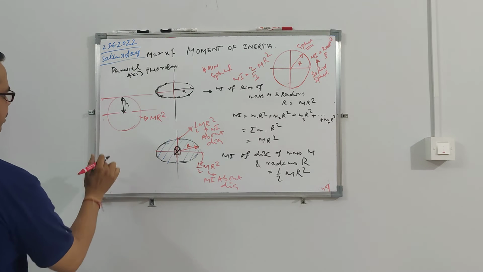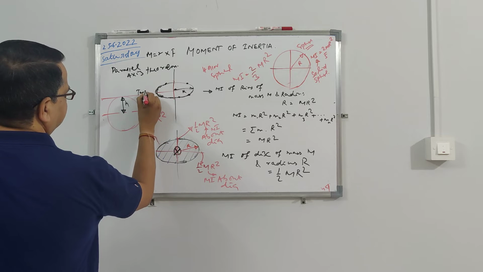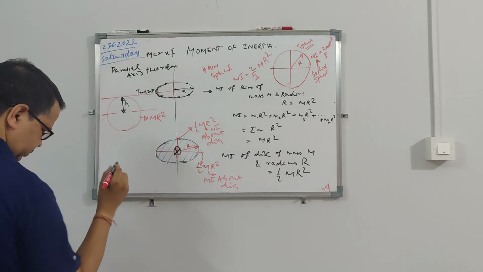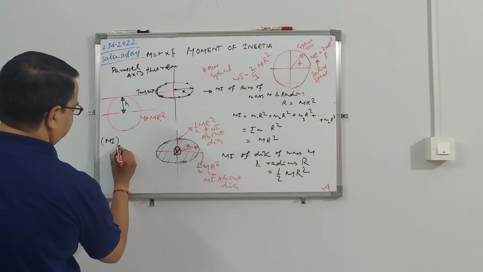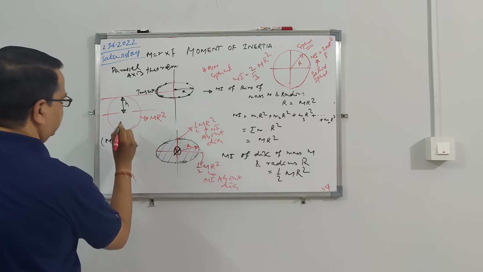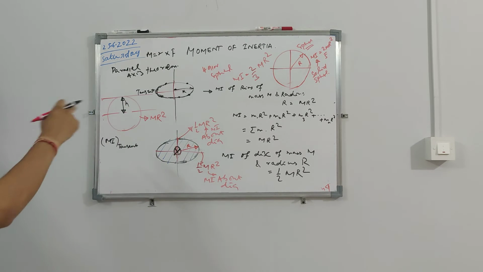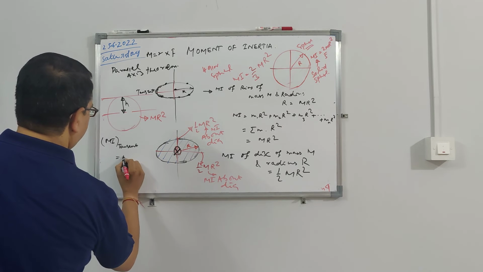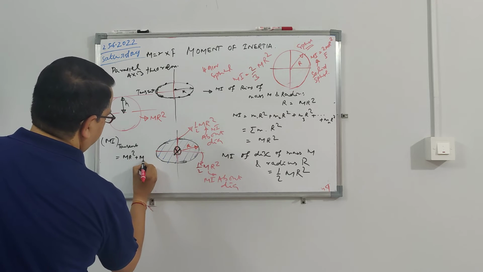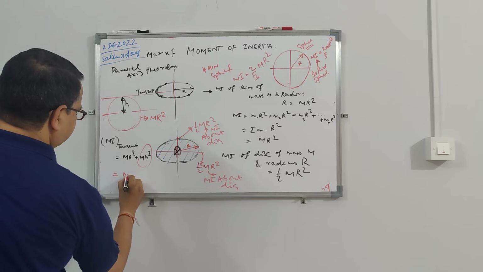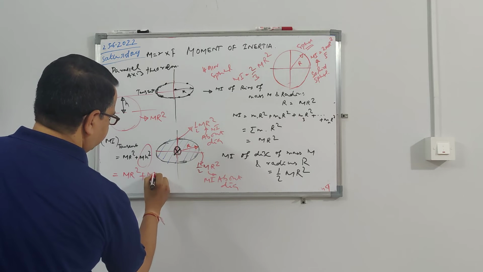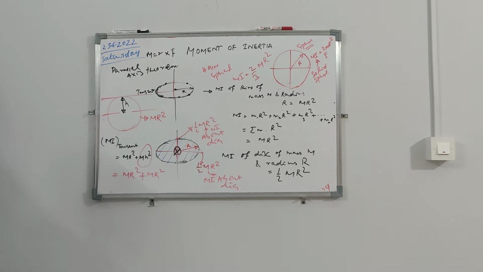As per the parallel axis theorem, MI about a tangent parallel to the diameter is equal to mr square plus M into h square. Whatever distance you get, you add it. So it will become mr square plus M r square.